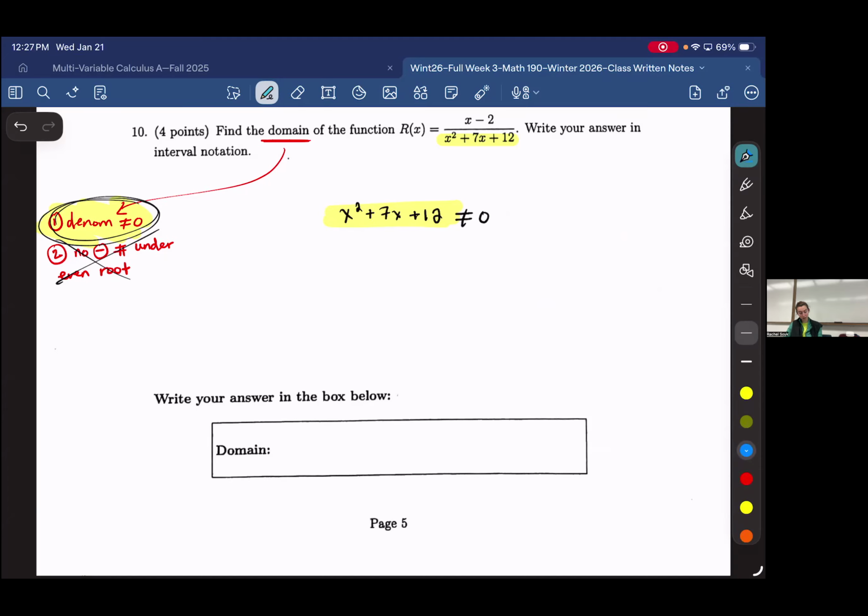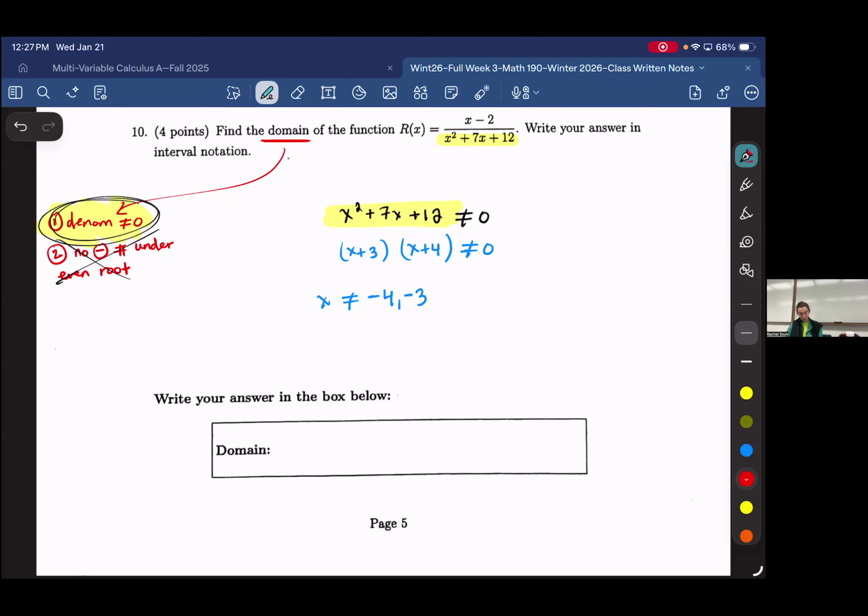We can factor that left-hand side. Factor pairs of 12 that add to 7. Yeah, 4 and 3. And so by the zero product property, our x can't be equal to, in ascending order, -4 and -3.